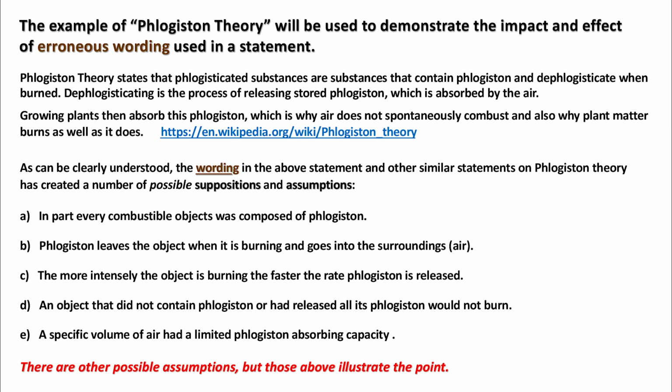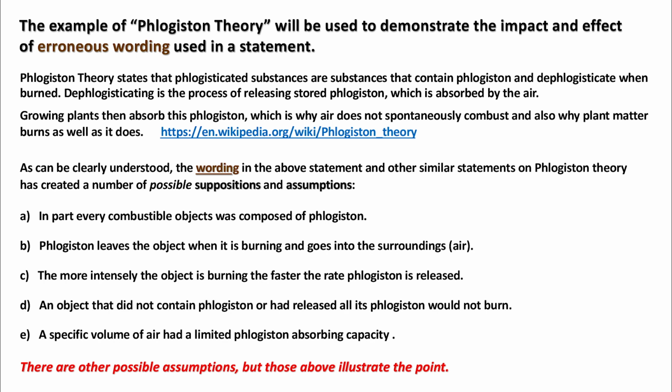As can be clearly understood, the wording in the above statement and other similar statements on phlogiston theory has created a number of possible suppositions and assumptions. A. In part, every combustible object was composed of phlogiston. B. Phlogiston leaves the object when it is burning and goes into the surroundings, or the air.